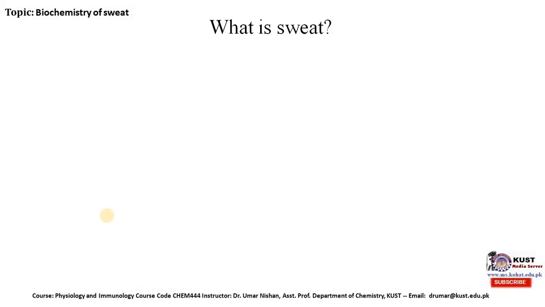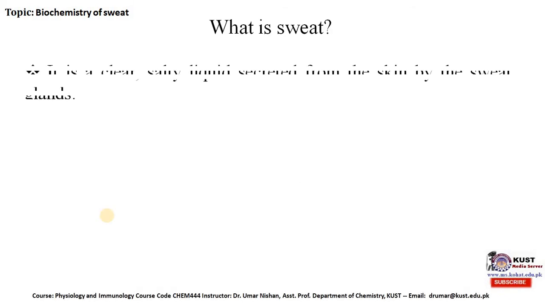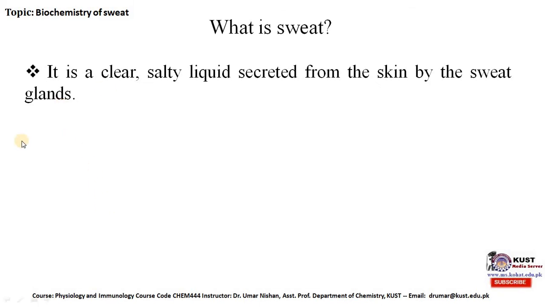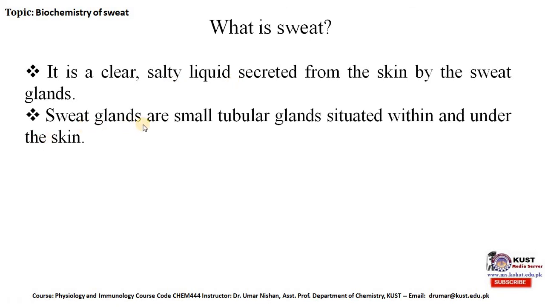Let's talk about what is sweat. It is a clear salty liquid secreted from the skin by the sweat glands. So sweat is produced by sweat glands and it is a clear salty liquid. Sweat glands are small tubular glands situated within and under the skin.